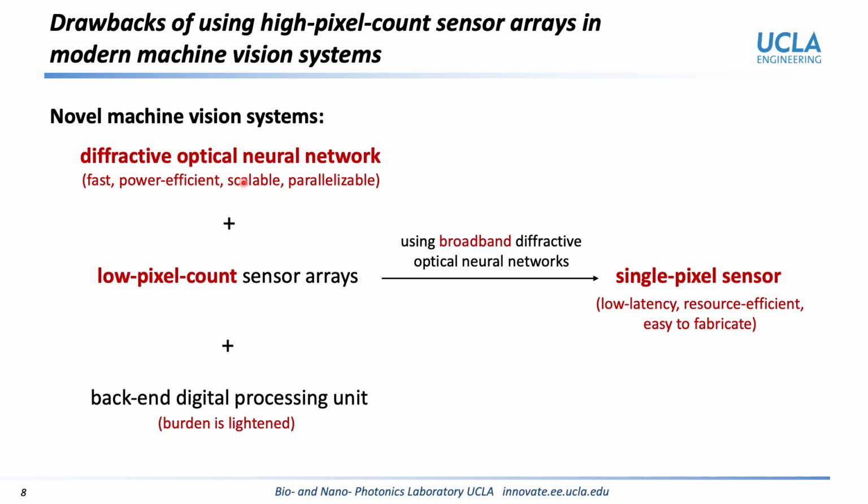By introducing the broadband diffractive optical neural networks that are mentioned above, we can further shrink the sensor part to be single pixel, such that we can benefit a lot from this single pixel detection scheme that is low latency, resource efficient, and easy to fabricate. Also, the back-end digital processing unit can be structurally simplified and boosted in the computational speed due to its lightened burden of handling smaller scale of input.